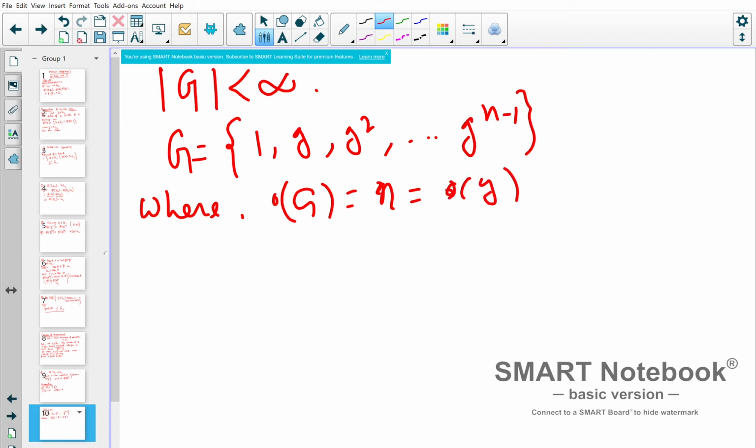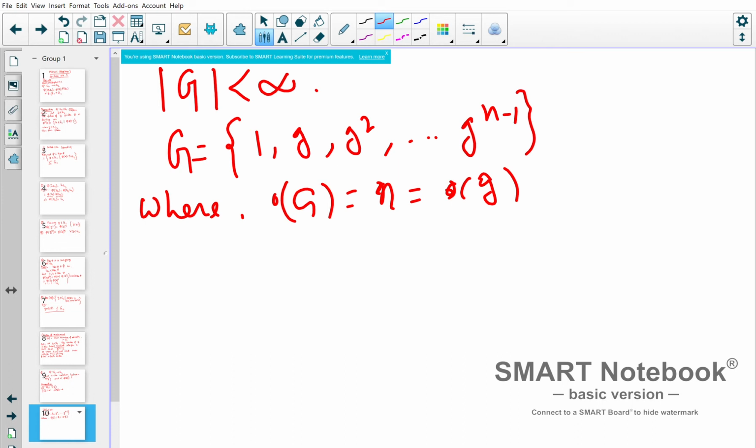So what I'm saying is that if you have a finite cyclic group, then you can write down the elements of G easily with this notation. g square means g into g, obviously. Similarly, g to the power n minus 1 is the product of n minus 1 copies of g.